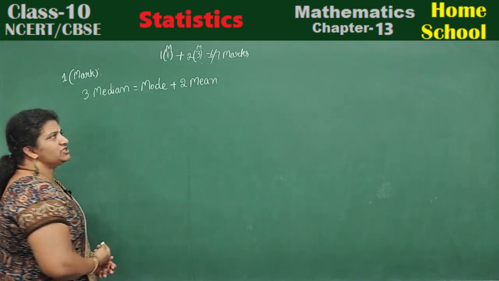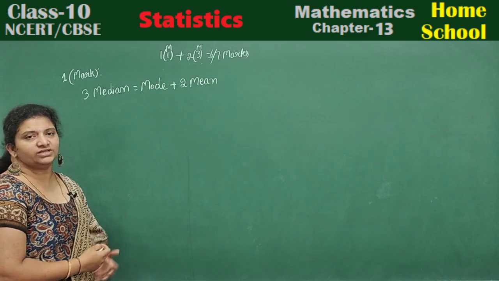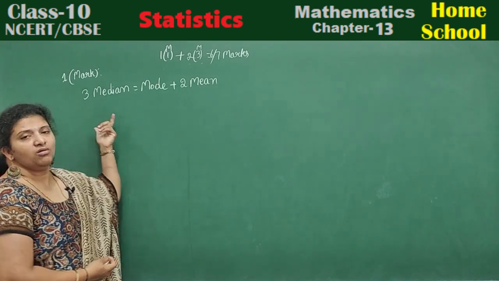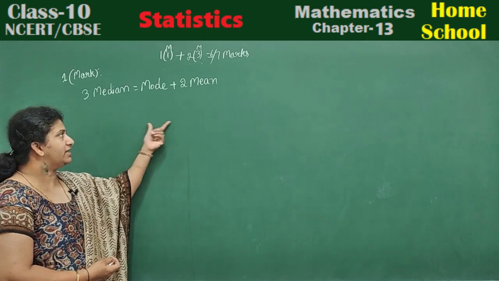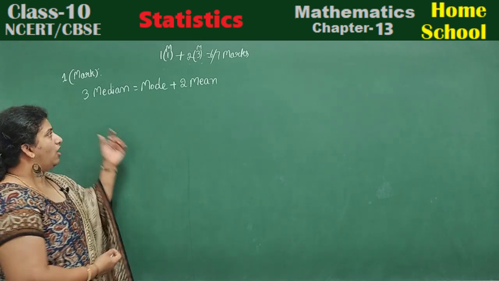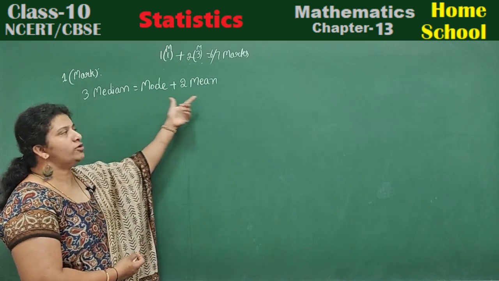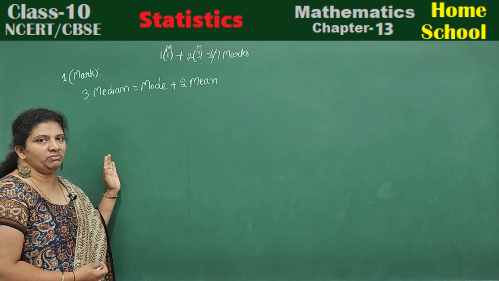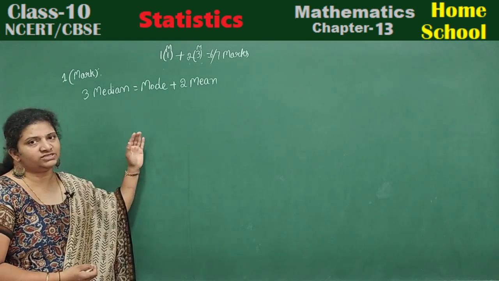In your multiple choice questions, if they ask you this one, they can rewrite the relation. That means mode is equal to 3 median minus 2 mean they can give, or median is equal to mode plus 2 mean by 3 also they can give. So you need to remember 3 median is equal to mode plus 2 mean.